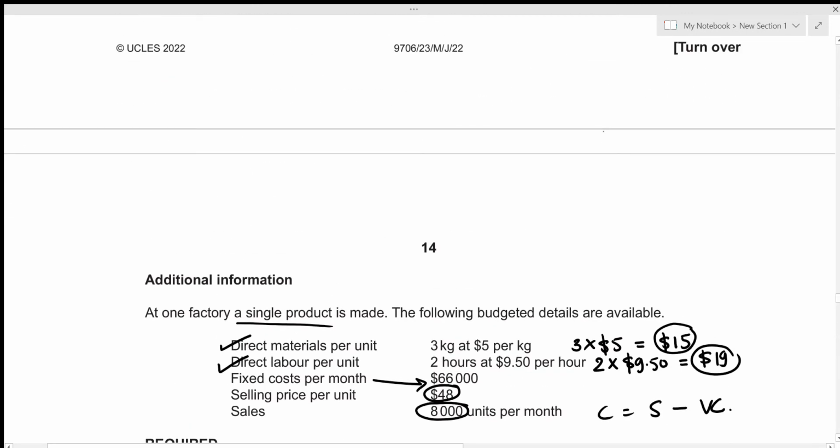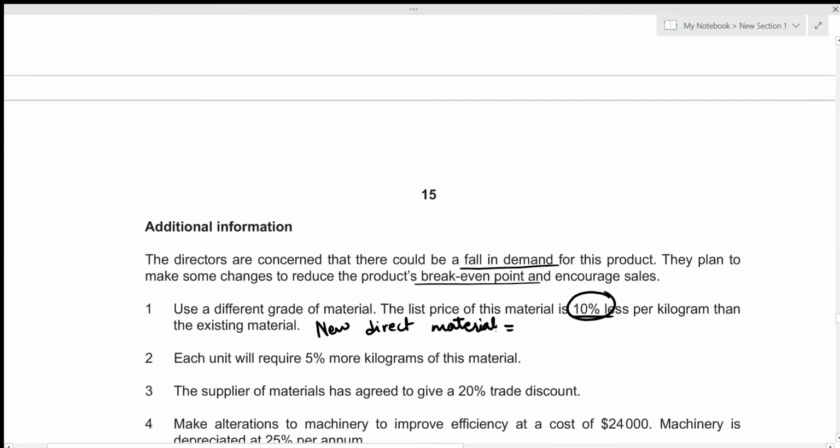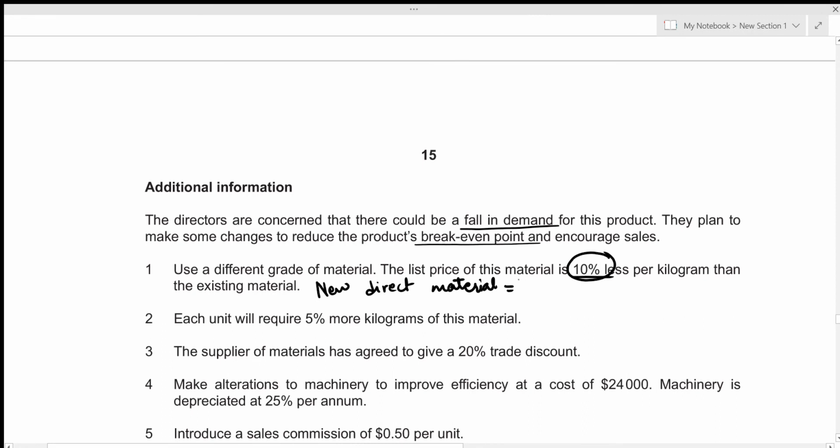We were given our rate for the existing material to be $5 per kg. Now we need to reduce it by 10%. So that's just going to be 5, which is our existing price, times the reduction of 10%, which can be given by 1 minus 0.10. So that's just 5 times 0.90, which gives our new direct material cost per kg to be 4.5.